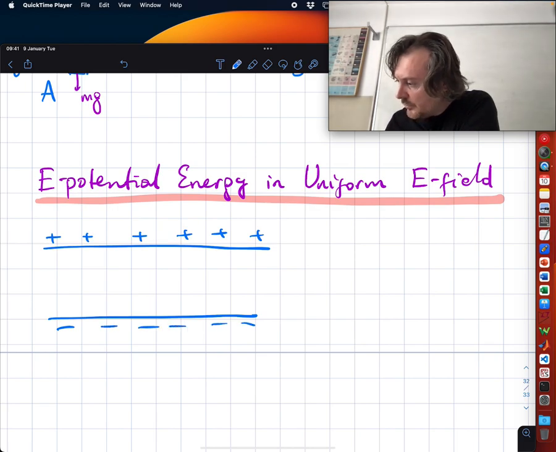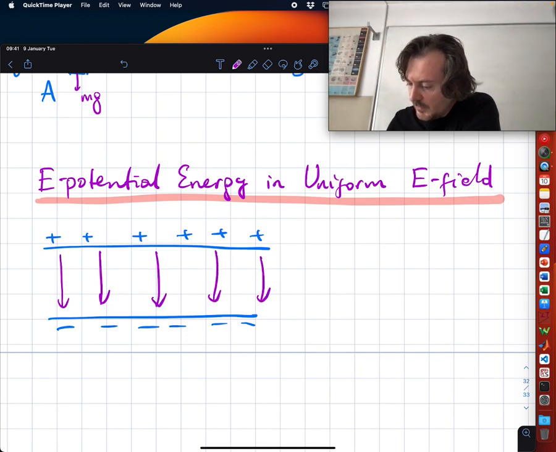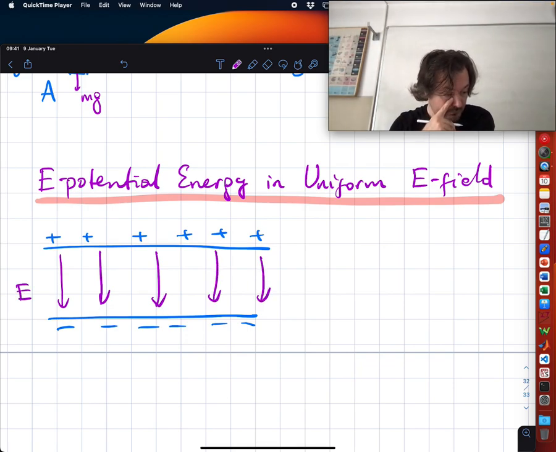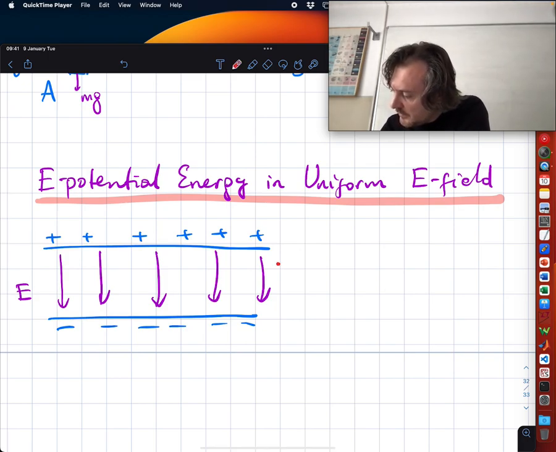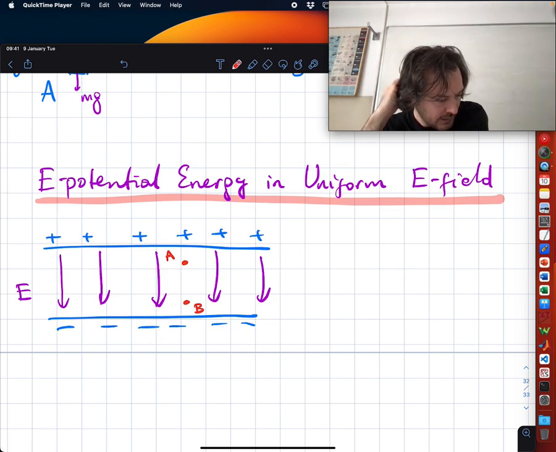So there's a uniform electric field pointing in this direction. Okay? So I'm going to take my charge, let me just put it here, from point A to point B, and it's a positive charge.